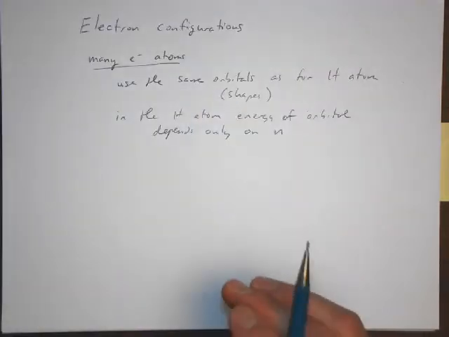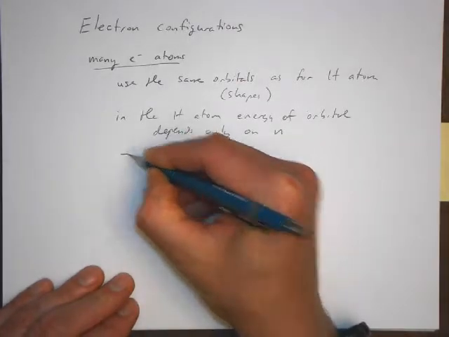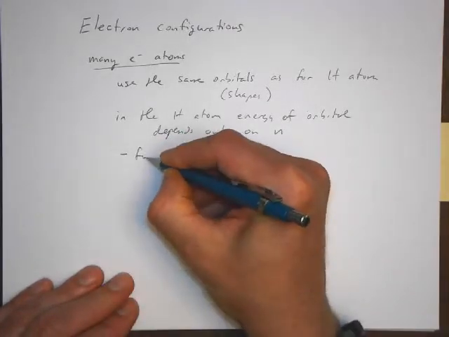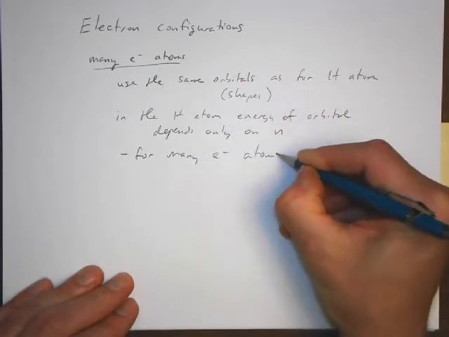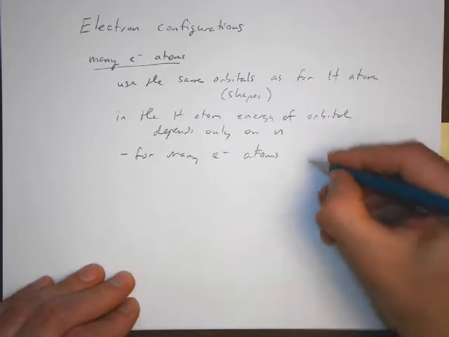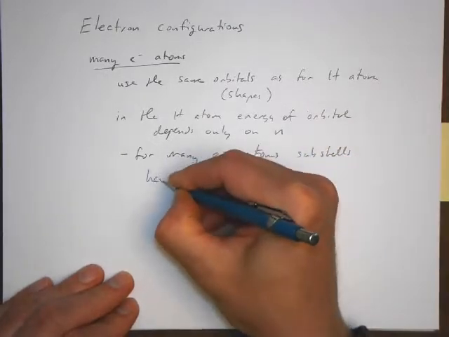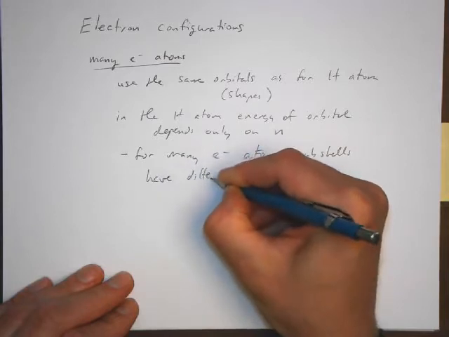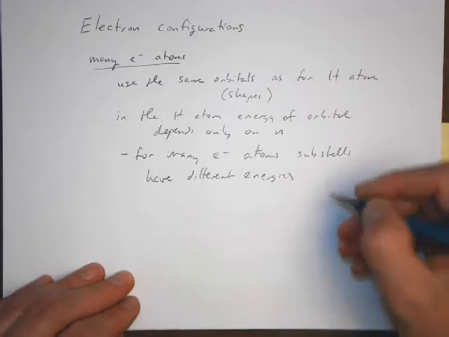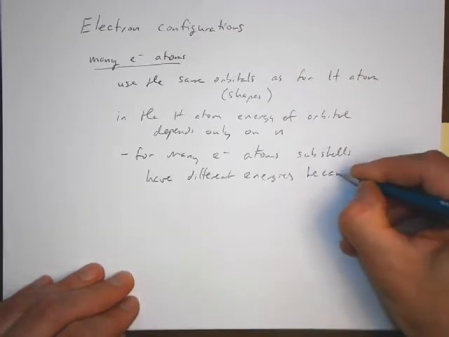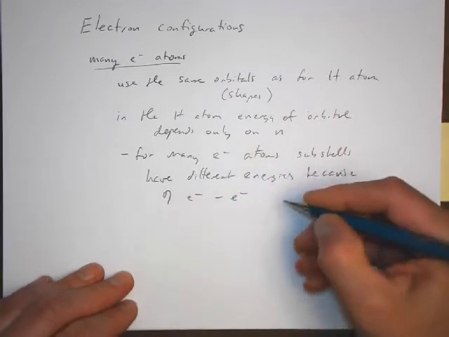What we'll see in a moment is that for many electron atoms, the subshells have different energies, because of electron Coulombic repulsion.